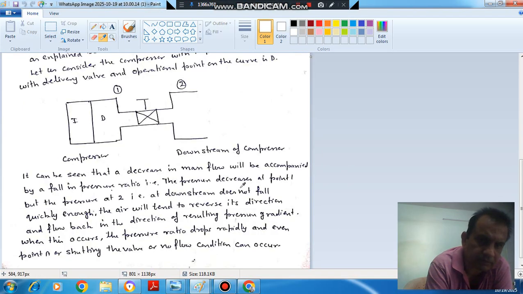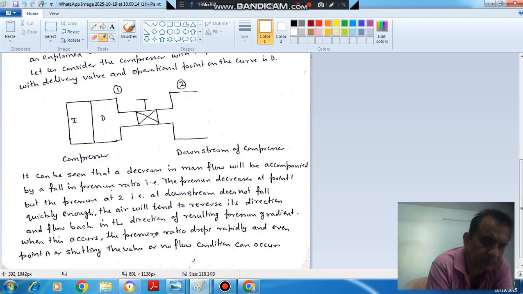That is, the pressure decreases at point 1 because this is the delivery point, but the pressure at 2, at the downstream, does not fall as quickly. The air will tend to reverse: as there is high pressure here and low pressure there, it will flow back in the direction of the resulting pressure gradient.